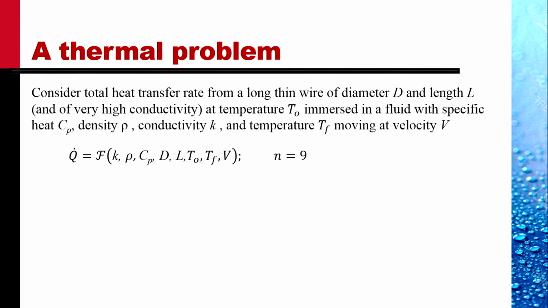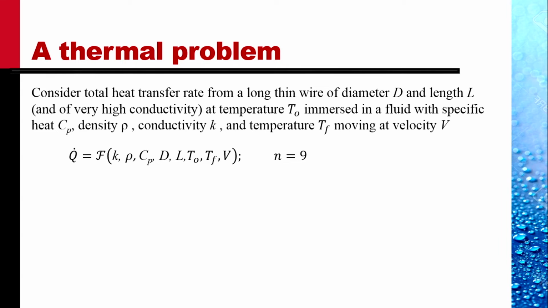Let's consider a thermal problem where we will bring in additional information. Consider the total heat transfer rate from a long, thin wire of diameter d and length L. Long, thin wire means L is much larger than d. And it has very high conductivity.